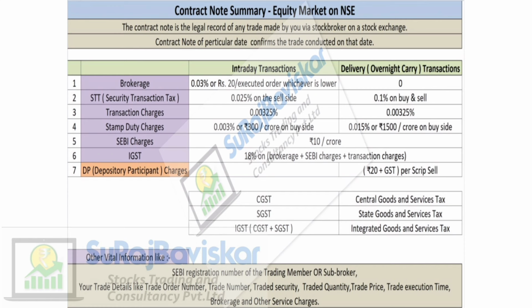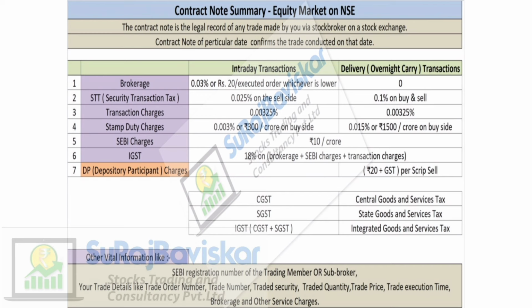And then your trade details like trade order number, traded security, traded quantity, what price you purchased at, what price you sold at, the time of execution of that trade, brokerage and service charges. So this is the information you need to understand on a contract note, so that your concept will be clear and you will know what amount you are expecting from your broker.